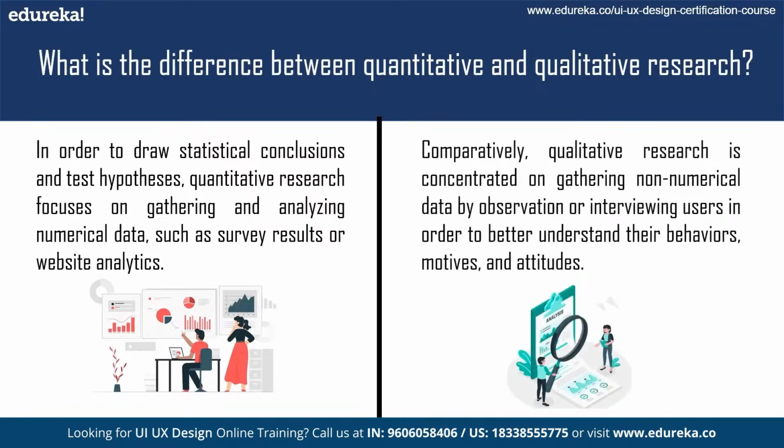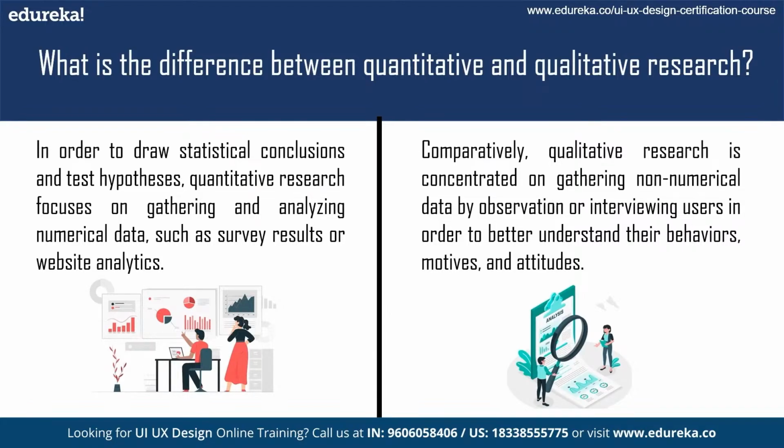Qualitative research, on the other hand, focuses on collecting the non-numerical data, such as the observations or the interviews, to gain the insights into the user's behavior, motivation, and attitudes. Quantitative research is often used to test the hypothesis and generate the numerical data, while qualitative research is used to explore and understand the user experiences and perceptions.